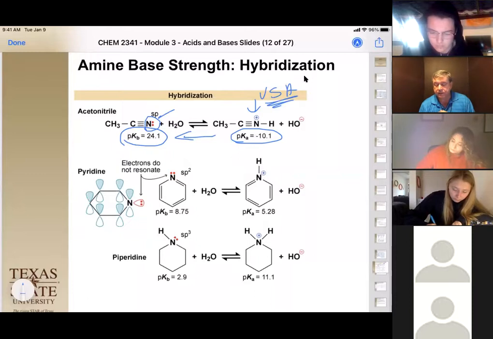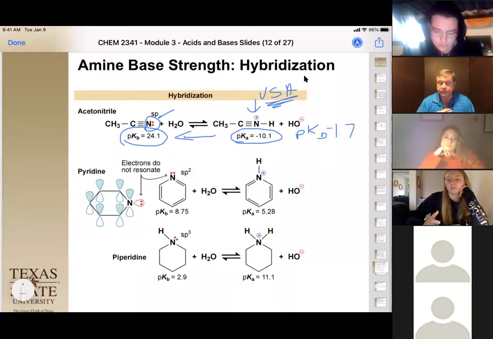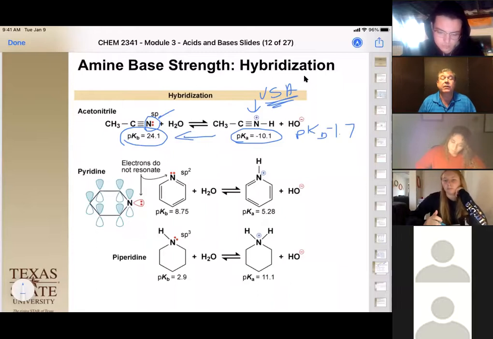Also, this is a fairly strong base as well, with a pKb of -1.7. So we're making a really strong base and a really strong acid if we do this reaction. But it has everything to do with the lone pair on nitrogen being what accepts the proton. This lone pair on nitrogen is what accepts the proton in all of its acid-base reactions.